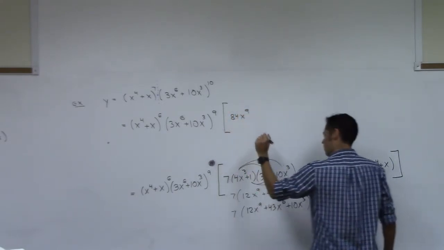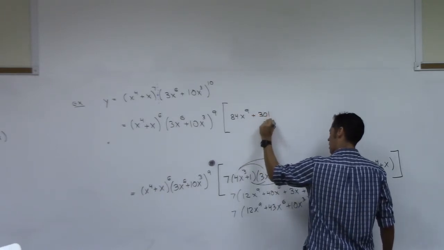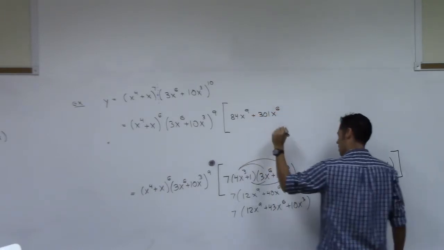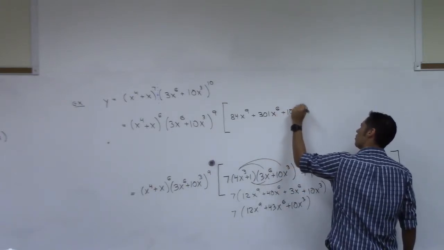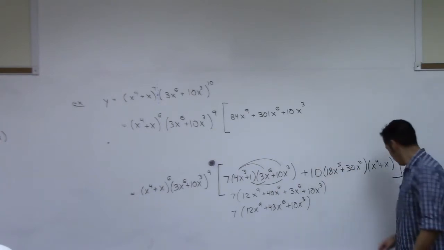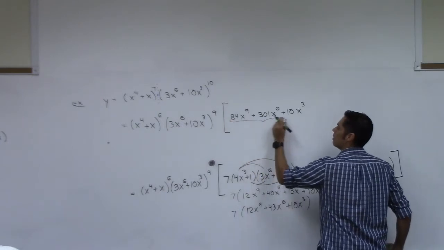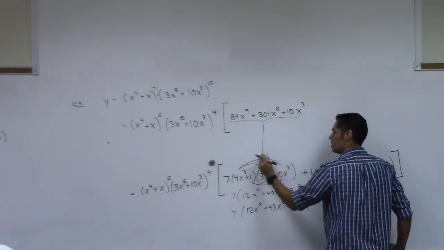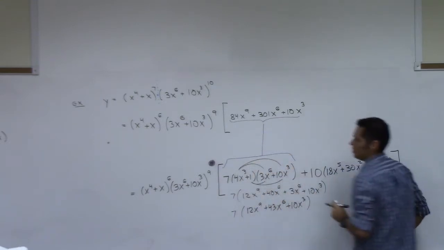And then what? 301 x to the 6th, and then plus 70 x cubed. All right, this right here is just that piece, right?